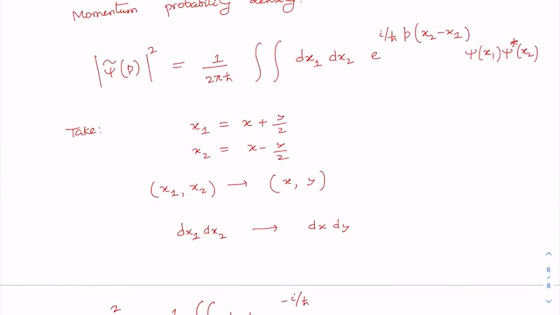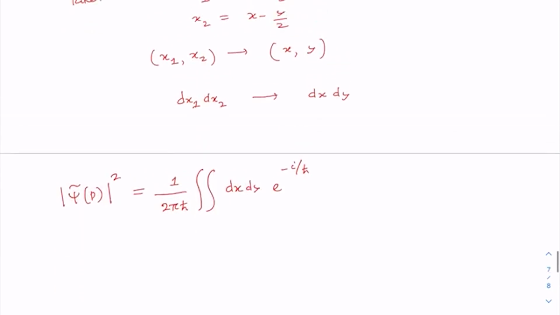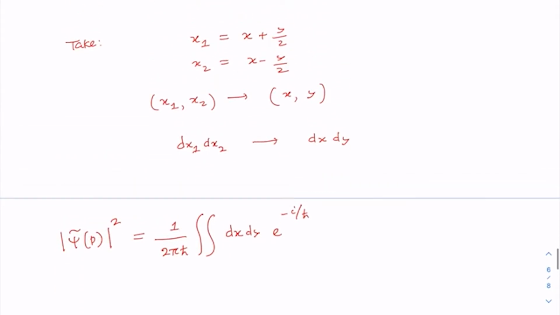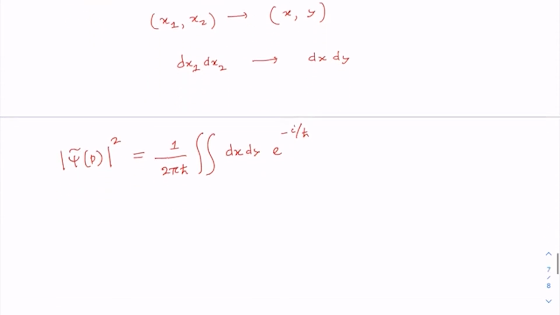So x2 minus x1, you can see that this would simply give you y. So you will have minus i by ħ py here, and here you have ψ(x + y/2) and ψ*(x − y/2).